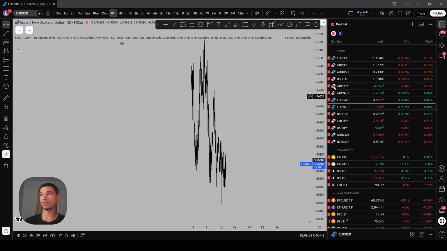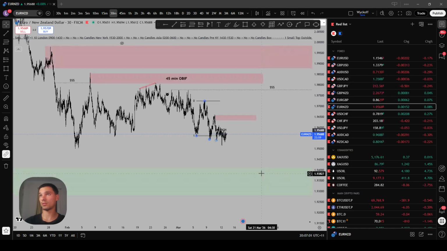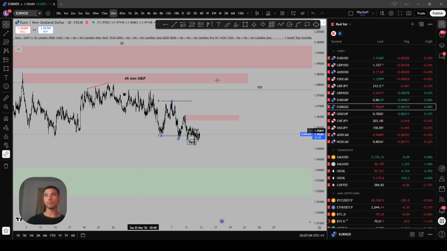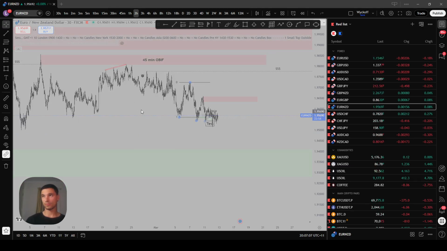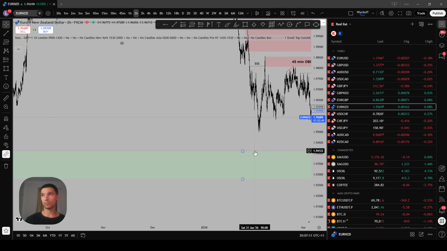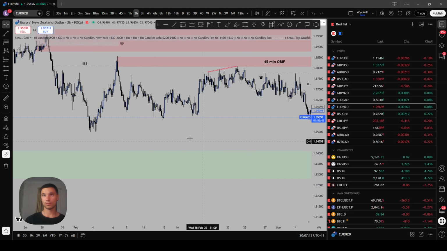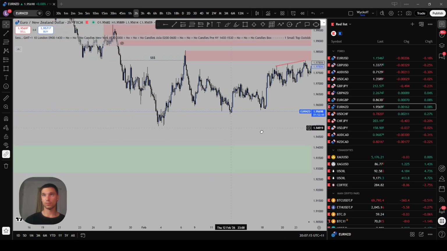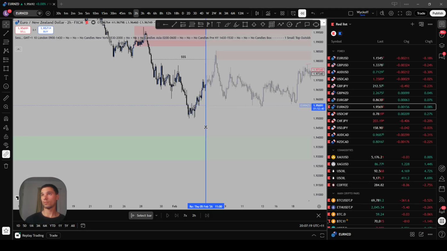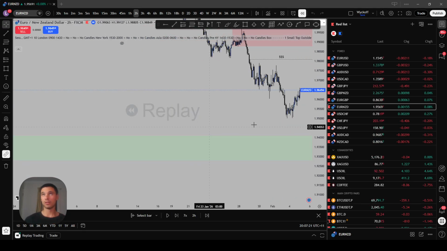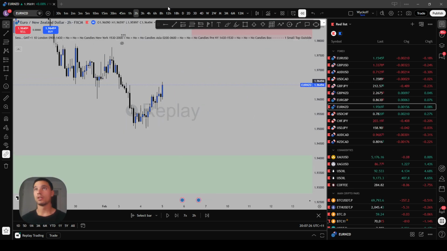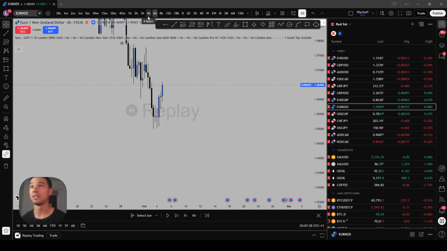Euro NZD. Potentially something here. All dependent on this demand, or if there is demand here.